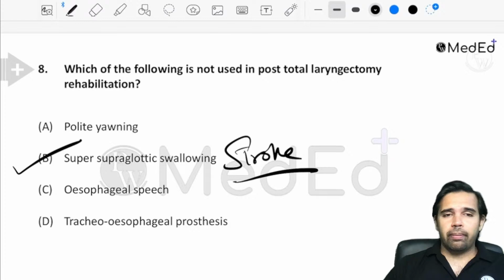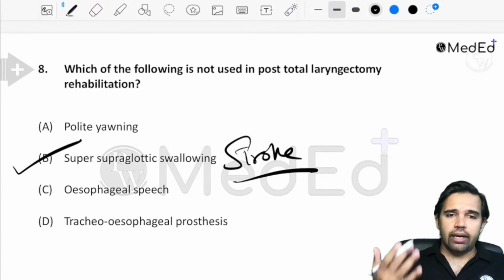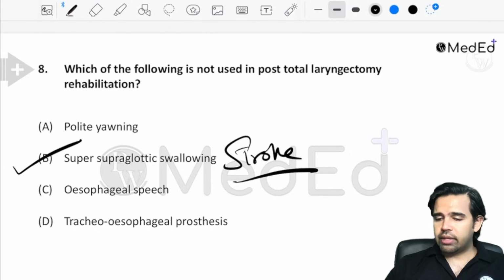So here supraglottic swallowing is not used post-total laryngectomy. Polite yawning to improve smell, esophageal speech, and the tracheoesophageal prosthesis are the things that are done.